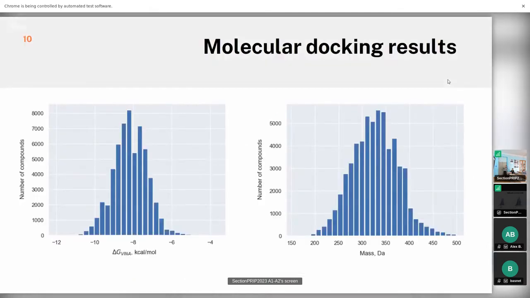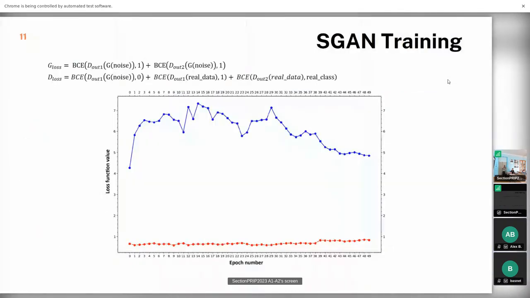We can see the distribution of docking values of our training set, and also the molecular weight of the molecules. This is the graph of training of SS-GAN. We trained it for 50 epochs and trained our generator more than the discriminator.